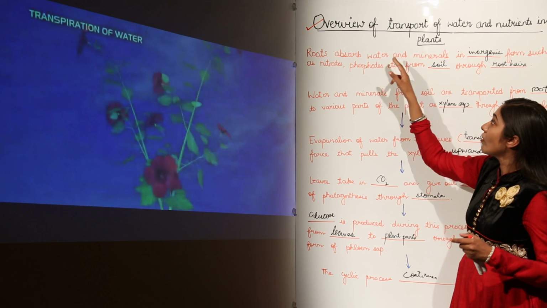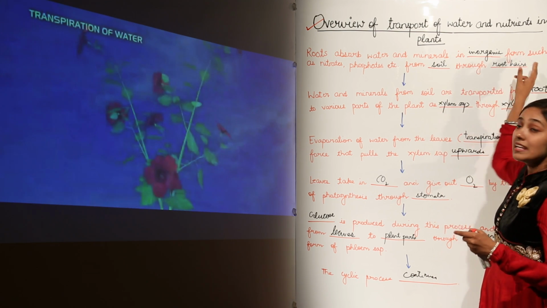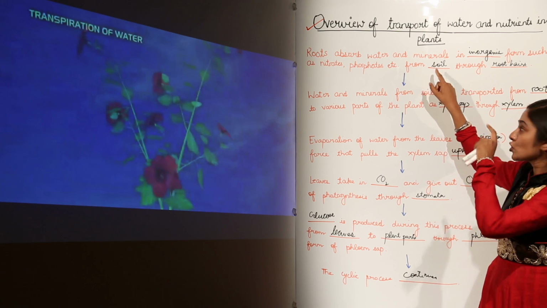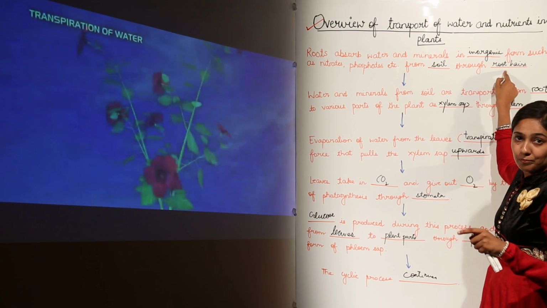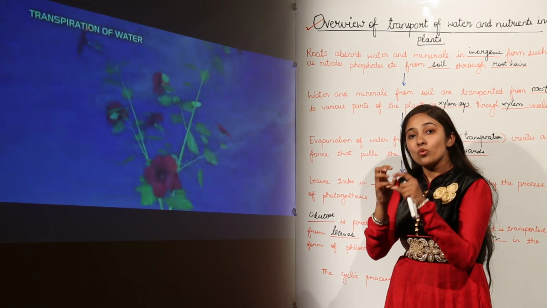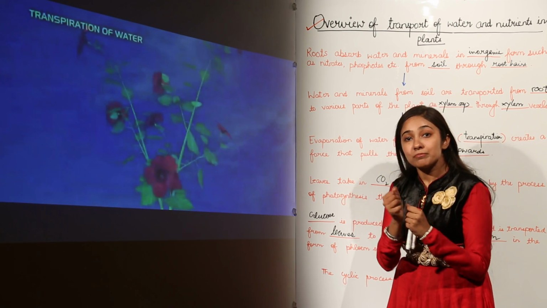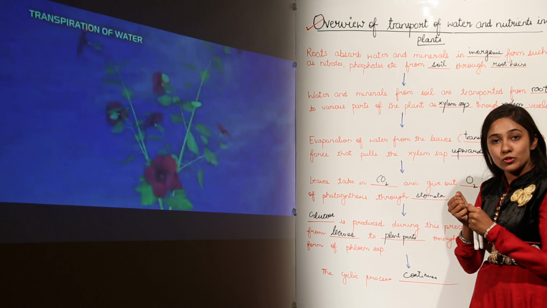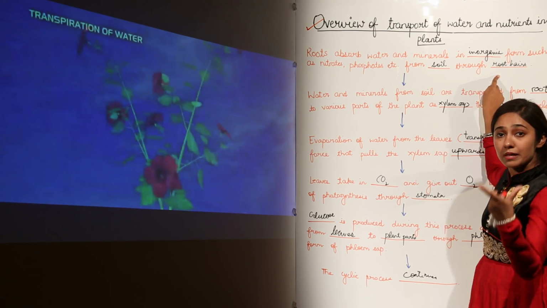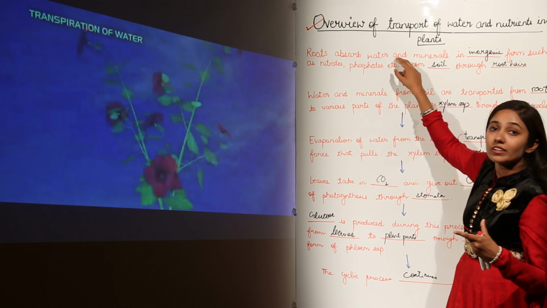So roots absorb water and minerals in inorganic form such as nitrates, phosphates, from what? Obviously from soil through root hairs. Why have we mentioned root hairs? Because they are special structures, root hairs, from where? Through imbibition. Imbibition is absorption at the surface. So from root hairs, through a process known as imbibition, there is absorption of water and minerals.